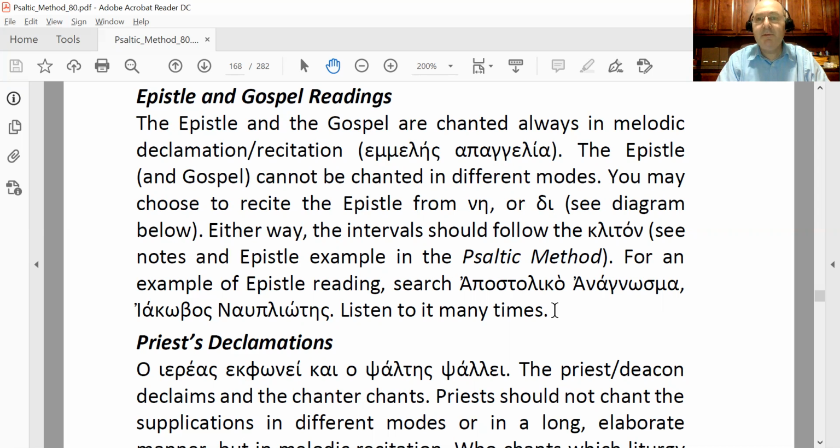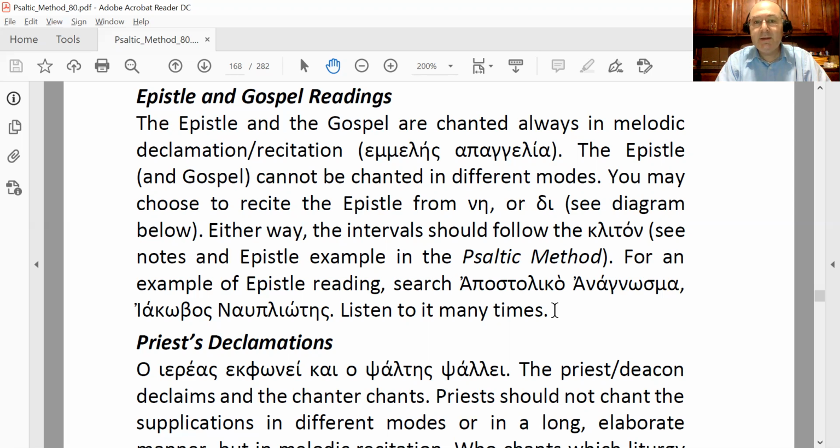Gospel is evangelion in Greek. The epistle and the gospel are chanted always, and that means always, not one exception, in melodic declamation or melodic recitation. In Greek, we call this kind of reading, emelis apangelia.